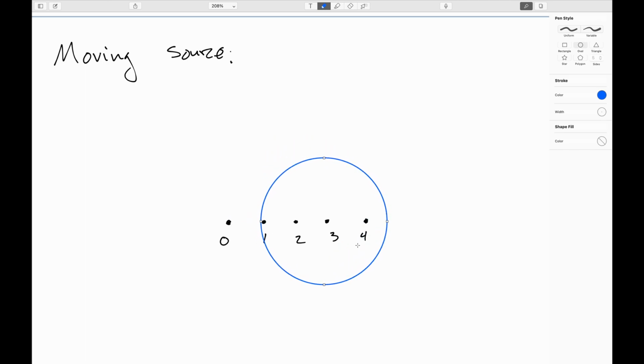Alright, so assuming that you're not moving faster than the speed of sound, which we'll get to in a bit, the wavefront emitted from location 3 will be in front of the source when it is at location 4.